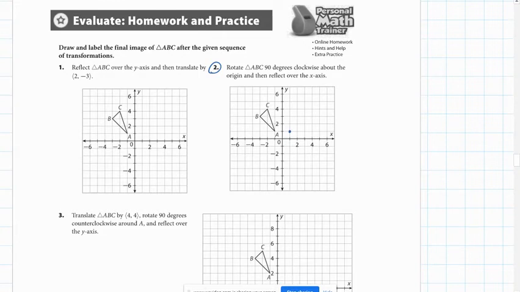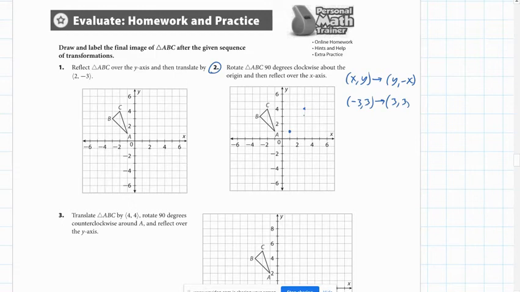Point B is going to be here, actually here. We can do the algebraic transformation for that if it helps. So we could say x, y is going to move to y, negative x, and so B is at negative 3, 3, and it would end up at 3, 3.